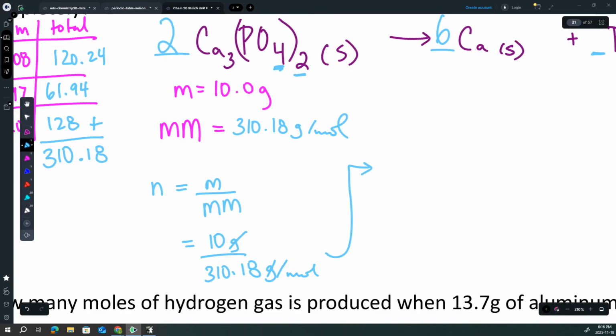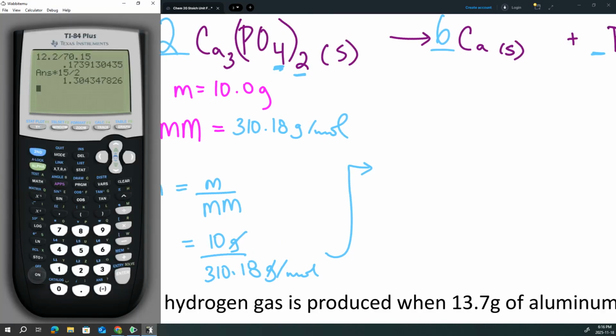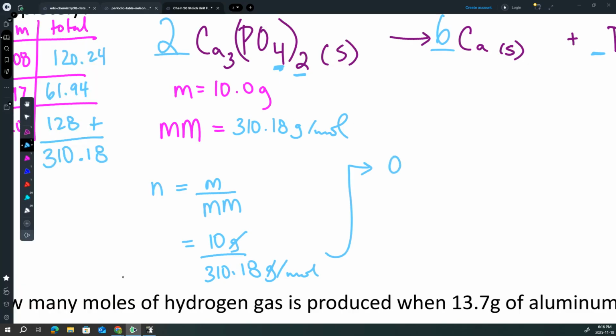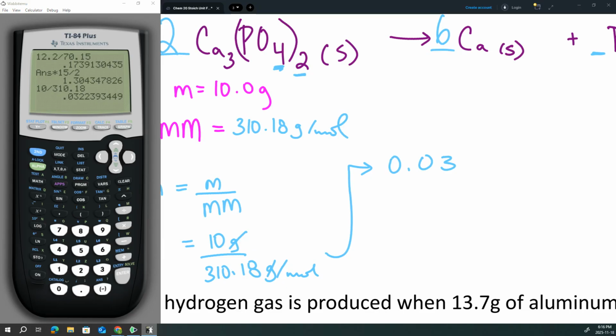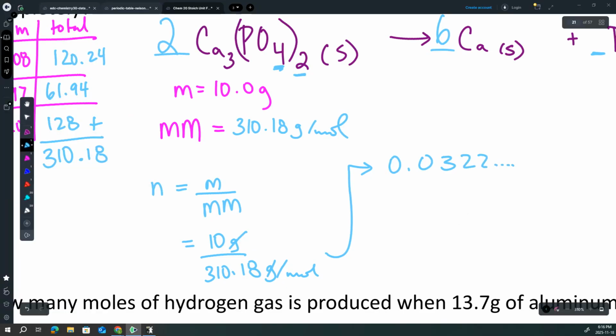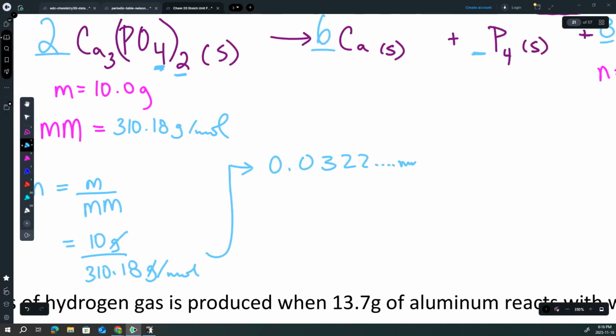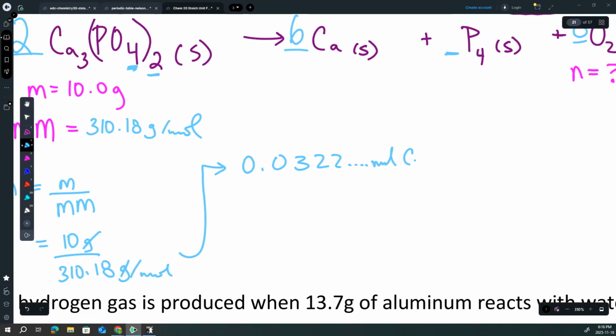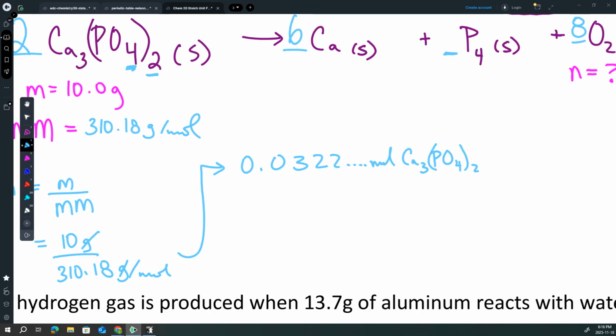And we are going to get, so 10 divided by 310.18, we're going to get 0.03223, goes on forever. So that's our moles of calcium phosphate.